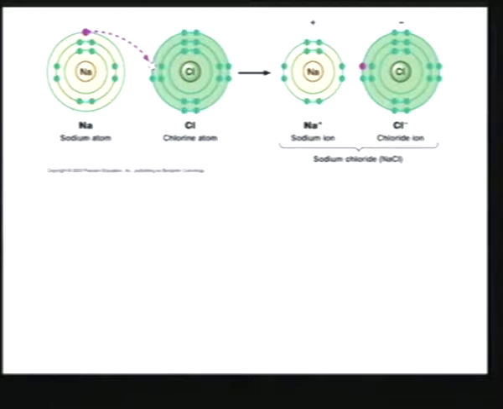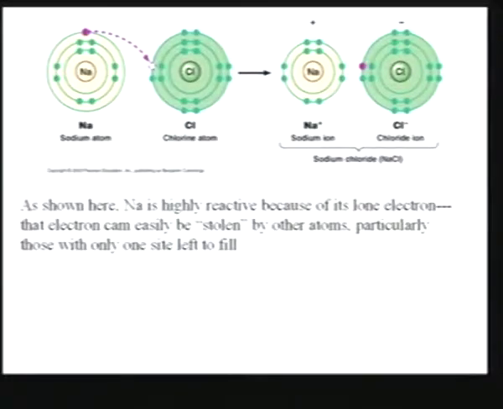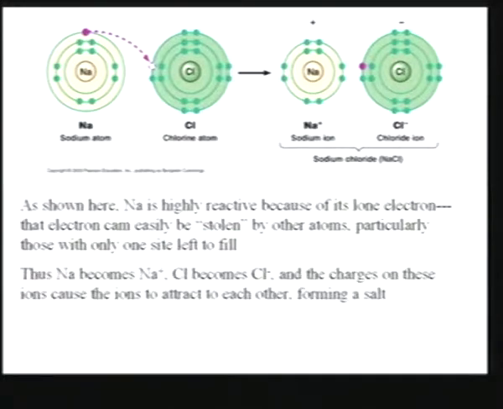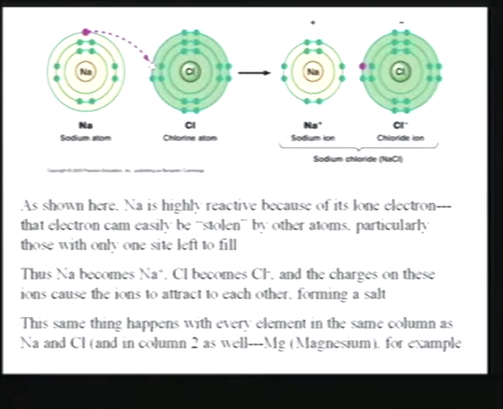It's formed when ions of opposite charges are produced and then stick together to form a compound. So sodium is highly reactive. It loses the electron, particularly to those with only one spot left to fill. And chlorine picks that up, becomes negatively charged, and these ions attract each other, forming a salt.